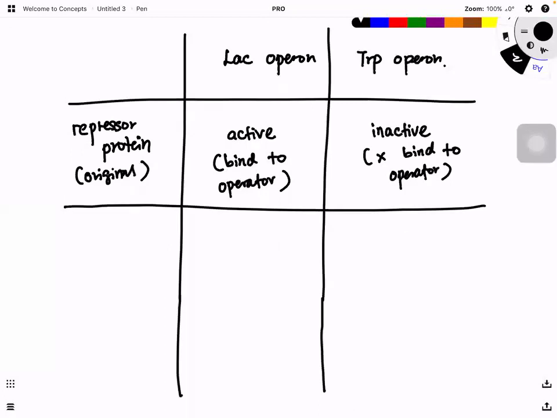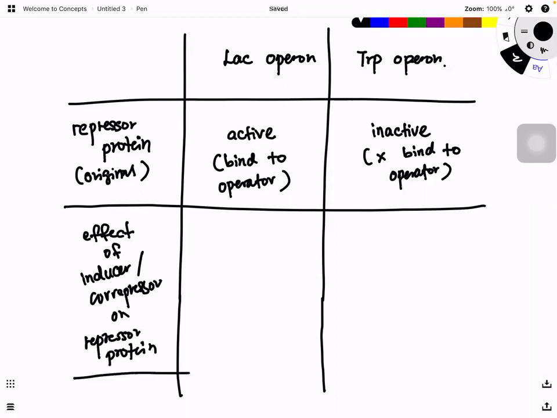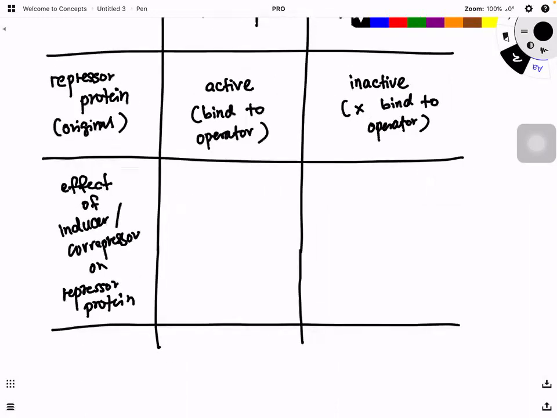The effect of the inducer or co-repressor on the repressor protein: what will happen here? This one is going to inactivate the repressor protein.